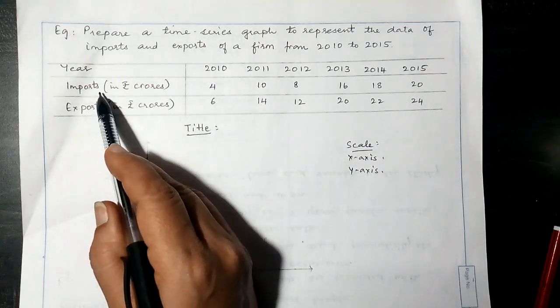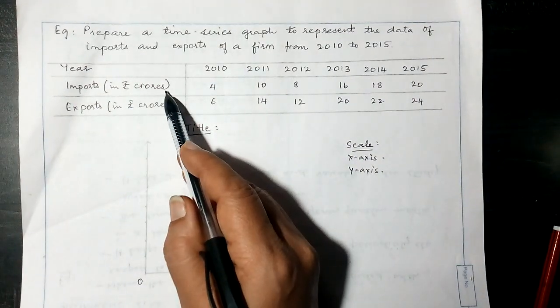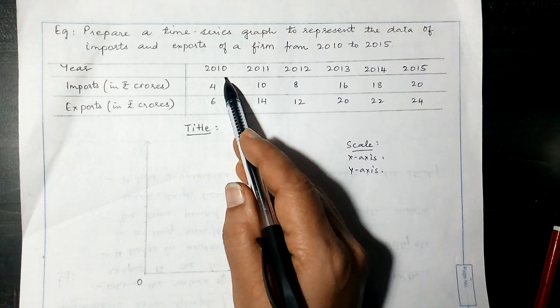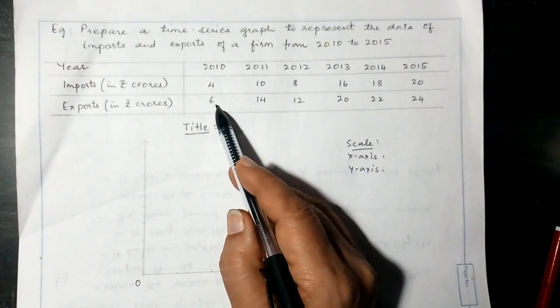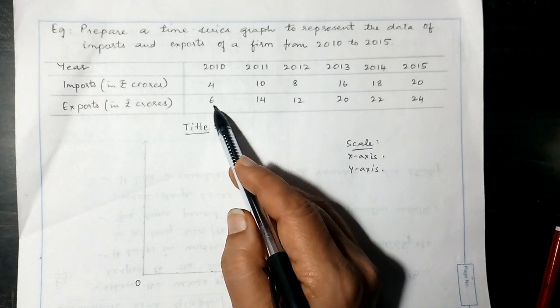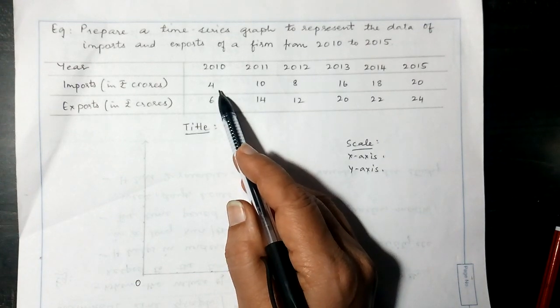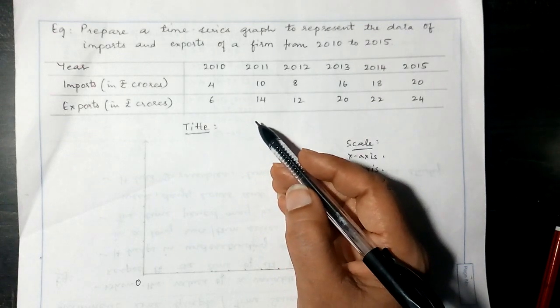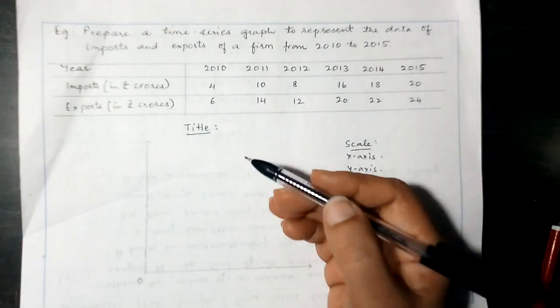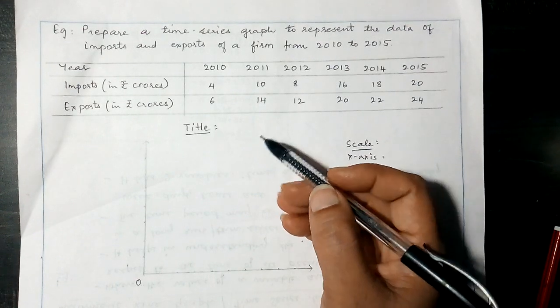Then we are given imports in crores of rupees, 4 crores in 2010, whereas exports are 6 crores. Here we see that the exports are greater than the imports, which is very good for our economy. Exports should always be greater because we earn foreign currency through exports.